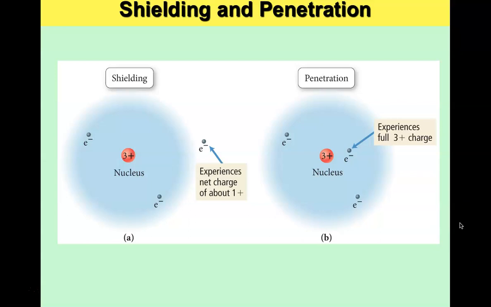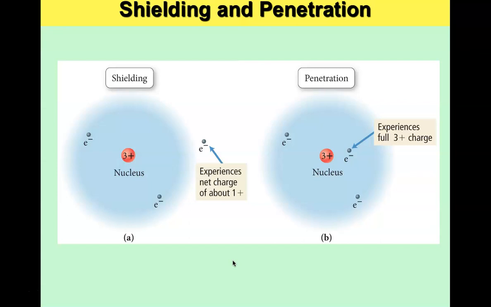The one electron way out there with the little arrow on it is being shielded from the nucleus by those other two electrons. So that outermost electron only feels a +1, whereas the other two electrons feel a full +3 in their attraction.